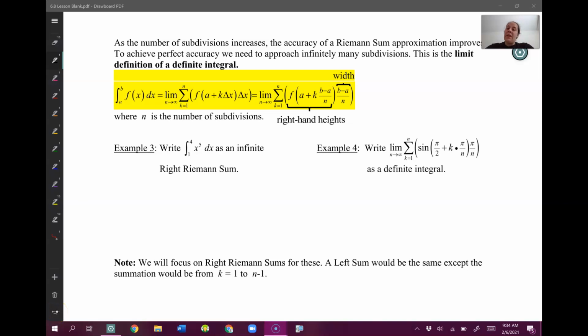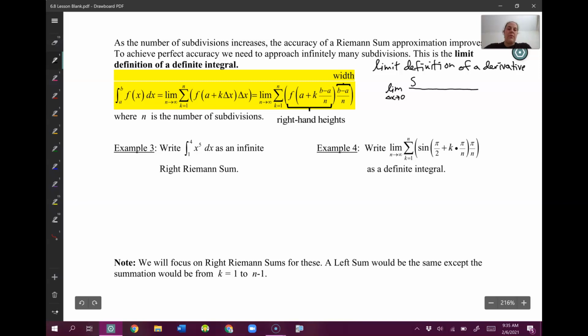Let's talk about the limit definition of a definite integral. Now, you should remember the limit definition of a derivative. Or if you've forgotten it, this is a good time to remember it. Limit definition of a derivative. That was the one where we had this.